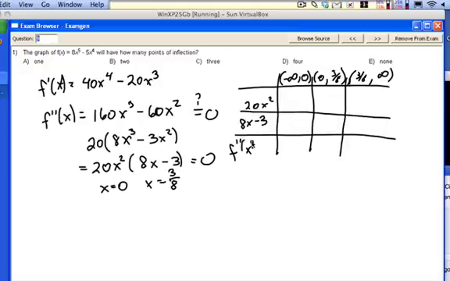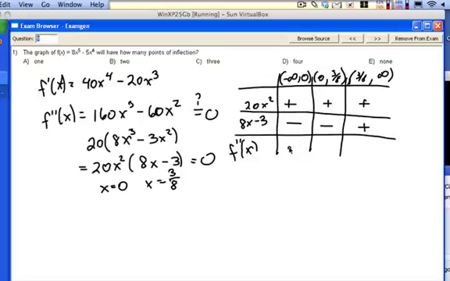So that's f double prime of x. Okay? When x is negative, this will be positive. In fact, this will always be positive because we're squaring that term. When this is negative, this will be negative. When x is between 0 and 3/8, it's still going to be negative, and then it'll be positive.